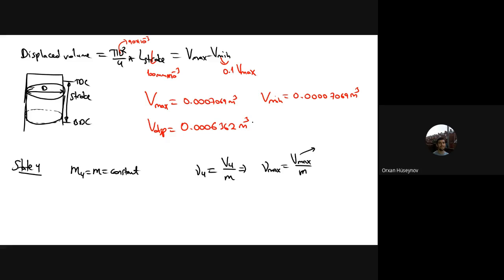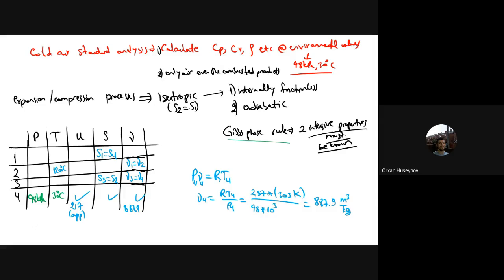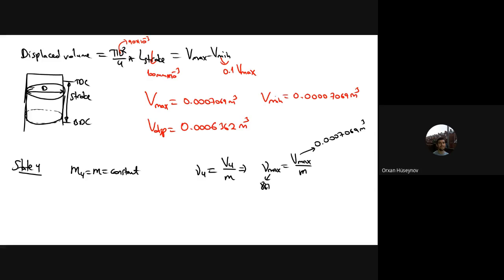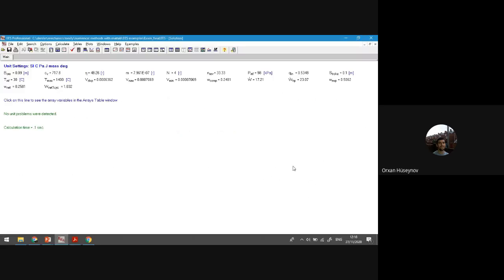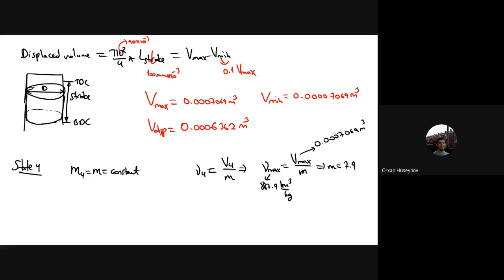The maximum volume I know, which is 0.000709 meters cubed, and the maximum specific volume is 887.9 meters cubed per kilogram. From here, the mass of the system is 7.961 times 10 to the negative 7 kilograms. Okay, this is the mass.